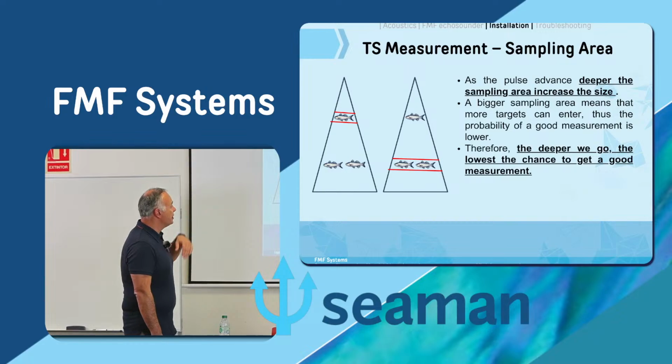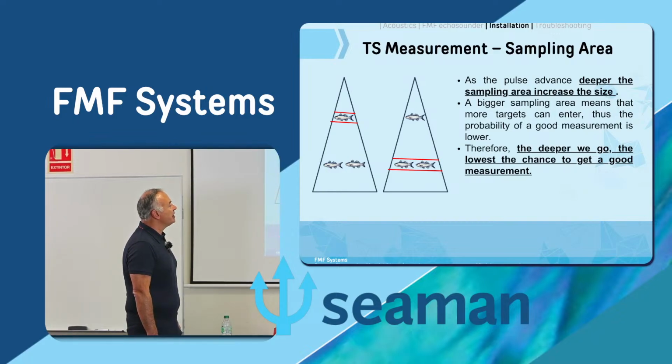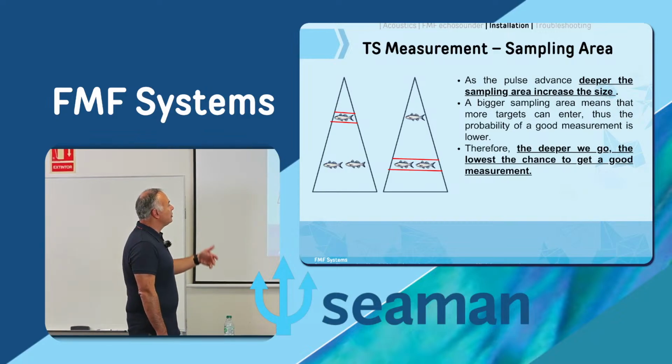And this slide explains it. The deeper the sampling area, as the pulse advances deeper, the sampling area increases in size. A bigger sampling area means that more targets can enter, thus the probability of good measurement is lower.